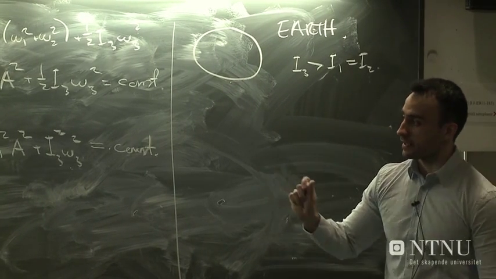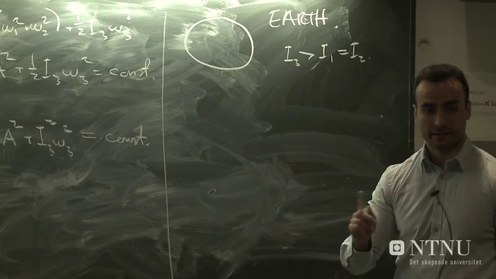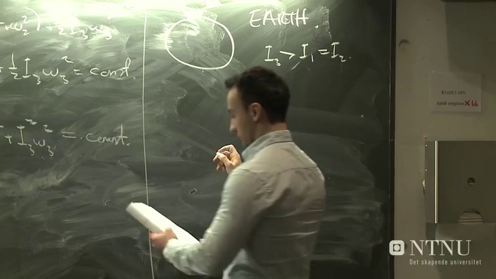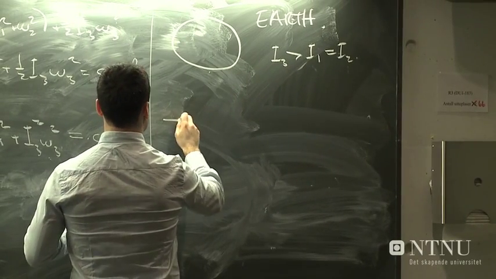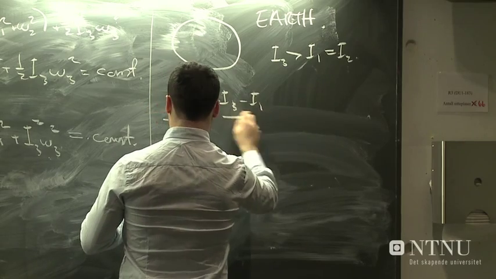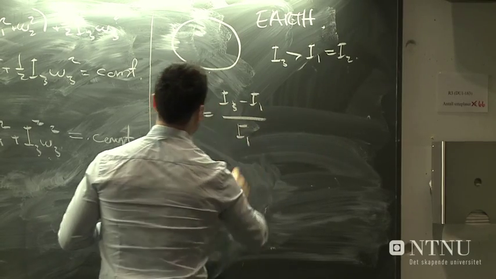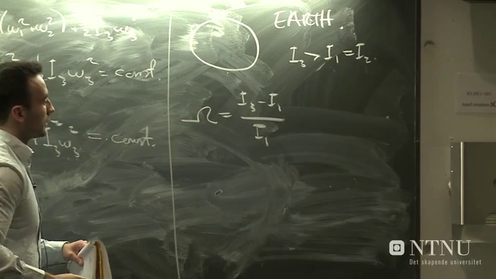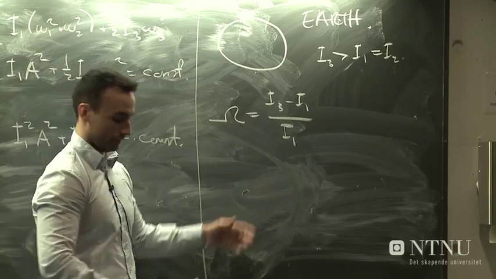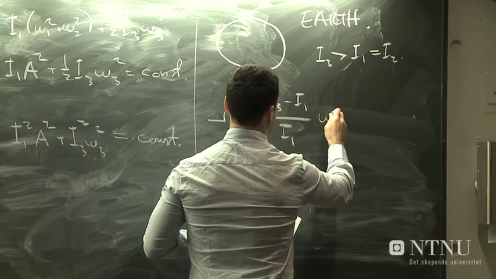So according to this analysis, the Earth should in fact precess. The frequency with which it should precess is given by this expression for omega. Omega 3 here, sorry.